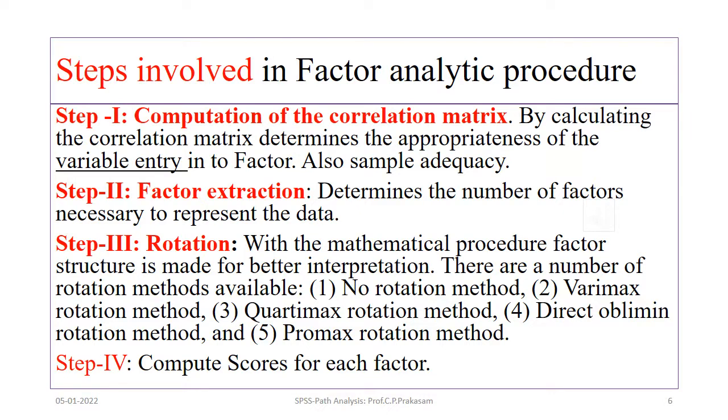In conventional factor analysis, mostly the Varimax rotation method is used, which is a popular method, but other methods are also used according to the factor loadings. Step 4, the last step, is the computation of the scores for each factor.